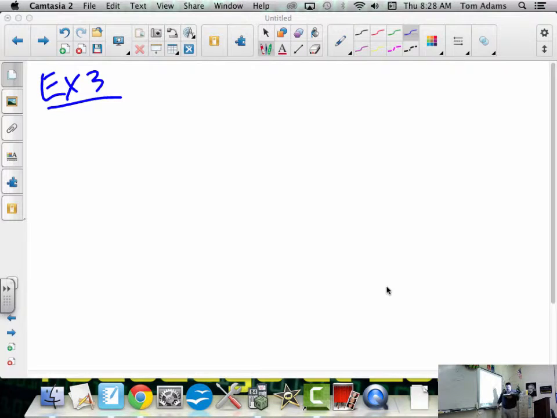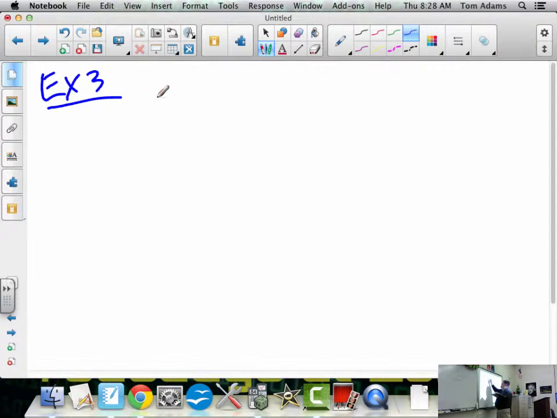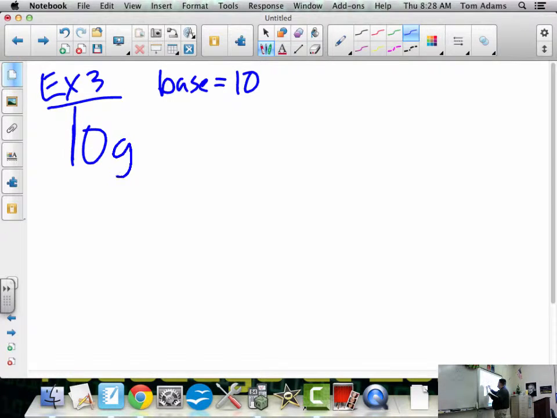All right, example number 3 says, really what they want to talk about is the base of 10. So when it comes to logs, if I say log base 10 of x, in math we have a tendency to write the same thing over and over and over again, so we have little simple conventions, all right?